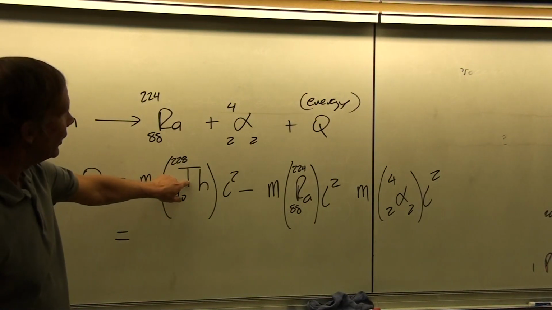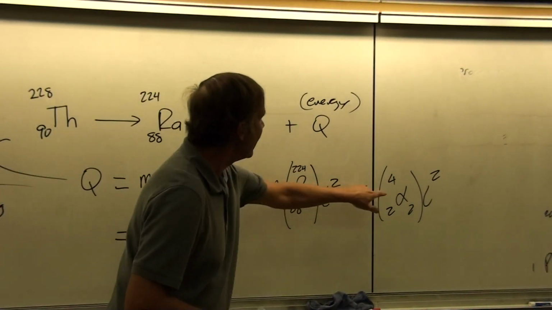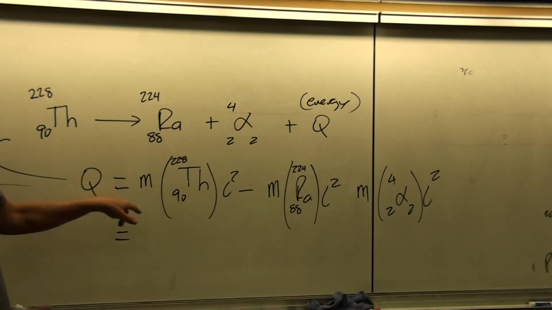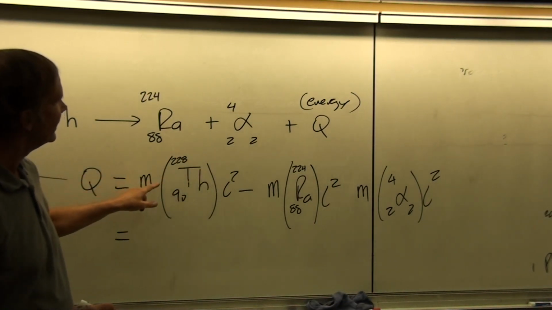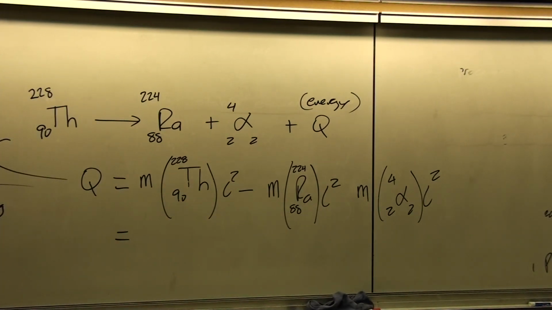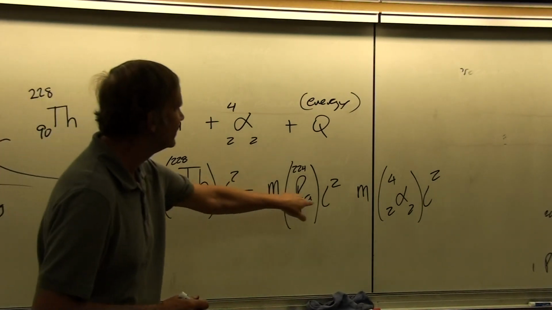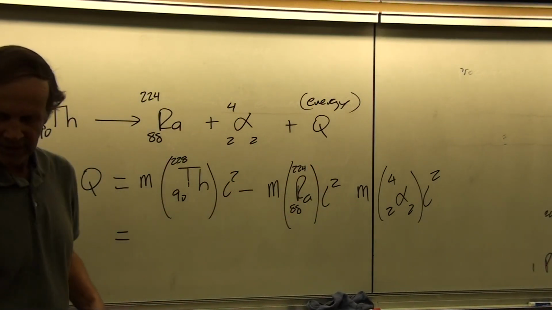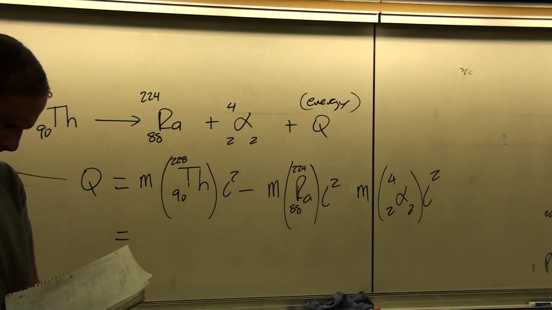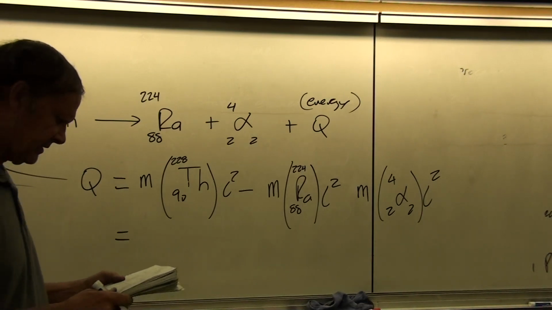And so this one should weigh more than these two. That's the opposite of fusion. In fusion, the fused nucleus weighs less than the masses of the individual nuclei, whereas here it weighs more.